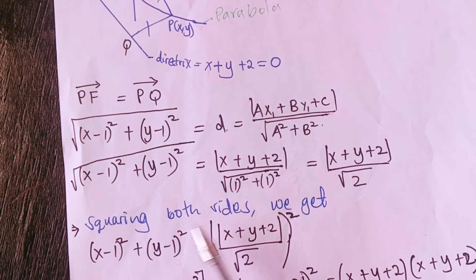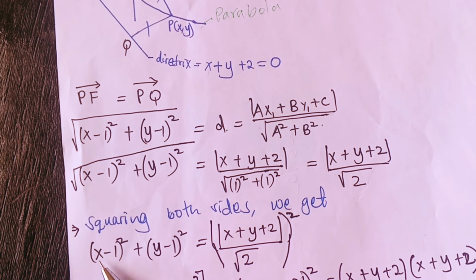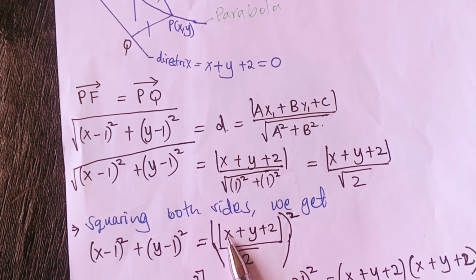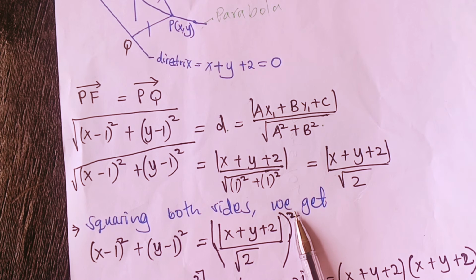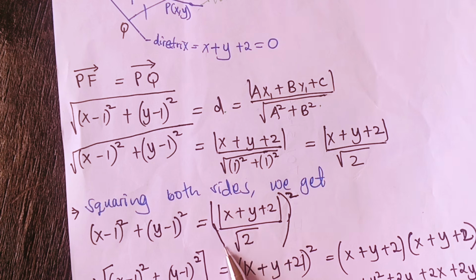From there, you will square both sides. If you square both sides, on this side the square root will disappear, and we remain with (x minus 1) squared plus (y minus 1) squared, which will be equal to the modulus of x plus y plus 2, then you square the whole function. So if you square here, the square of the square root of 2 will remain with the 2.